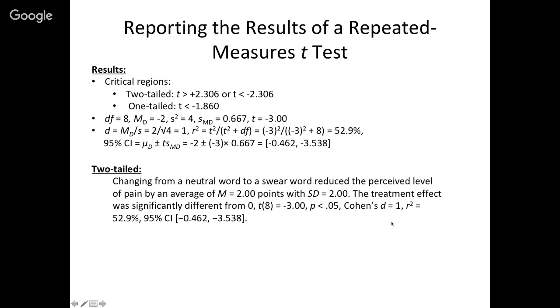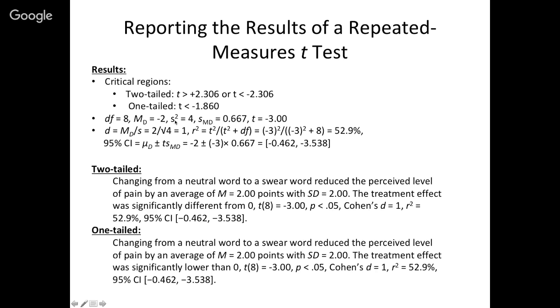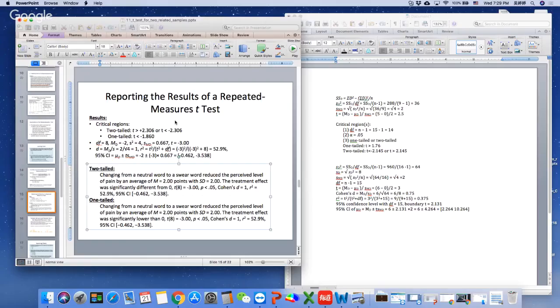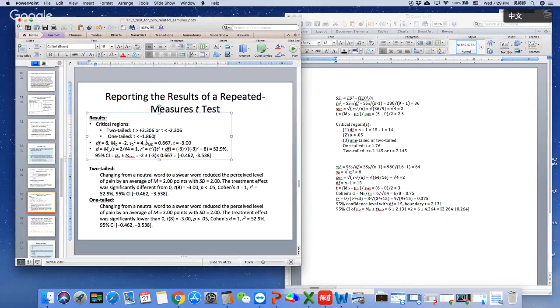And then we report SD, which is the standard deviation of the MD, which equals the square root of the SD square.